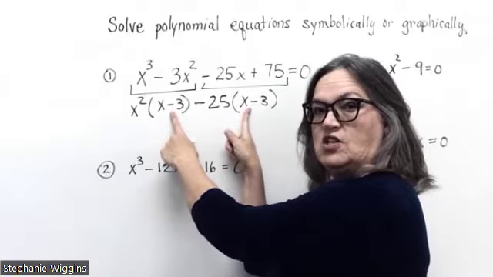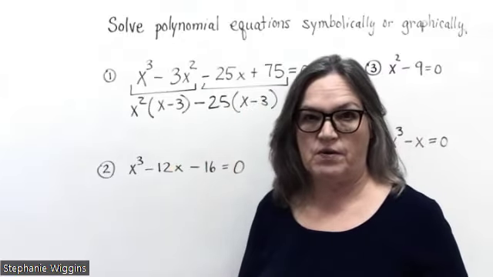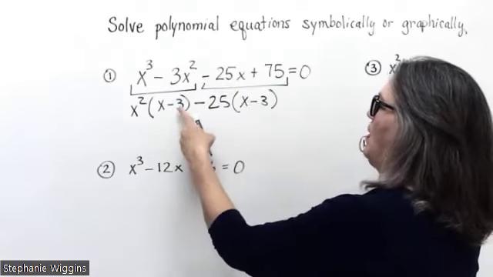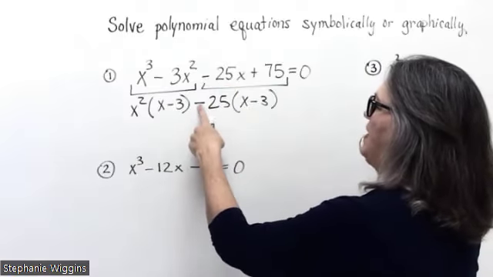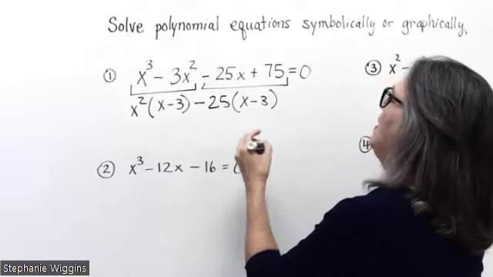If these aren't identical, then factoring by grouping is not going to work. That's why I pulled out the negative here as well, so that these would be identical. Because if I didn't pull out the negative, this would have been a plus.